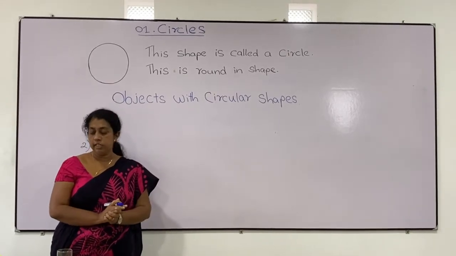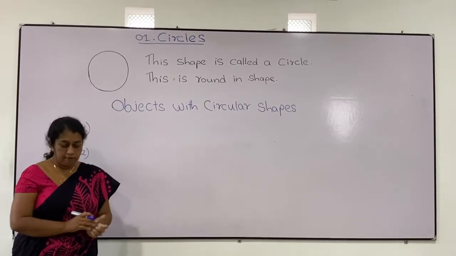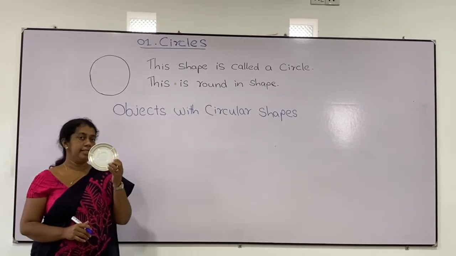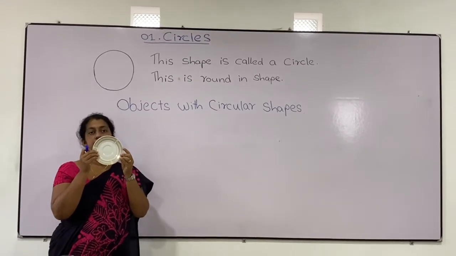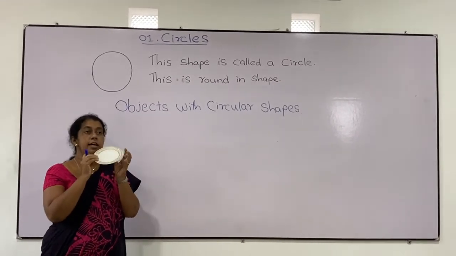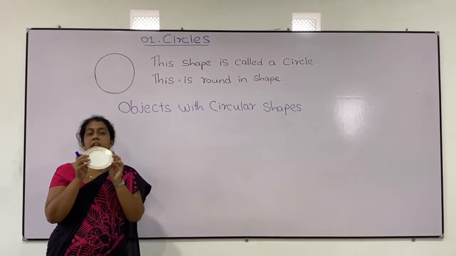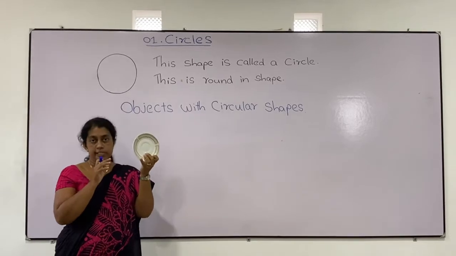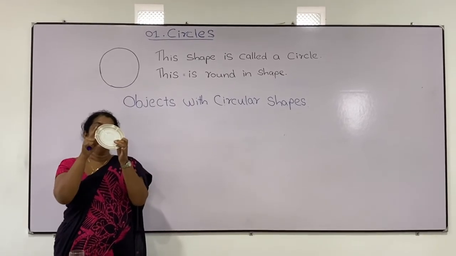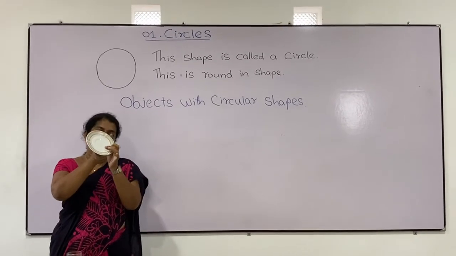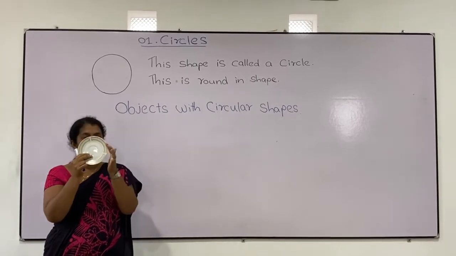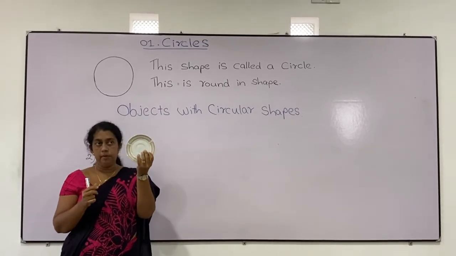We shall consider one by one. What is this? You have seen this earlier. This is a dish. In your kitchens, you can see this. This is circular in shape.